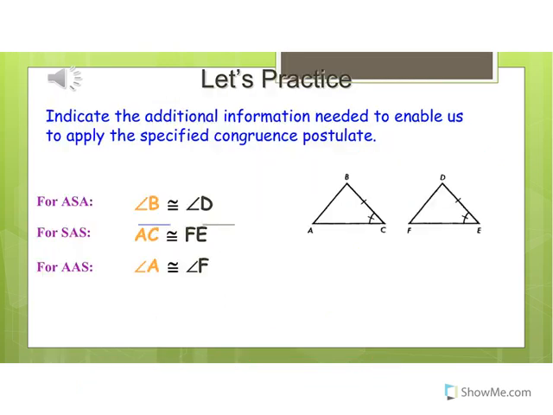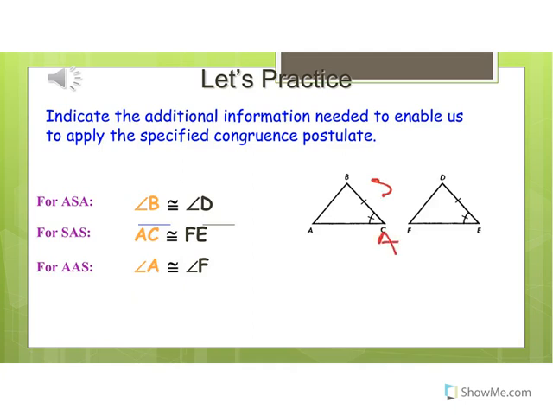Okay, so then here we're saying to indicate the additional information needed to enable us to apply the specific congruence postulate. Right? So here we want angle, side, angle. So we have a side and an angle already.